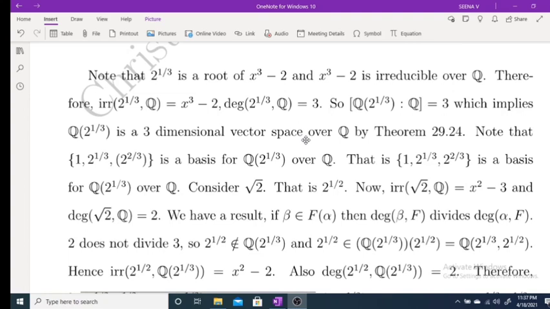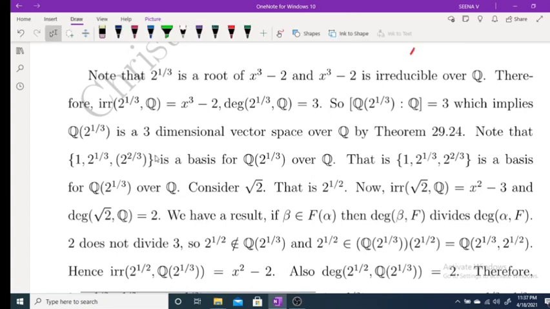A basis of F(α) consists of 1, α, α², etc., up to α^(n−1). So here the dimension is 3, therefore 1, α, α². Here α is 2^(1/3), degree 3. So 1, 2^(1/3), (2^(1/3))².